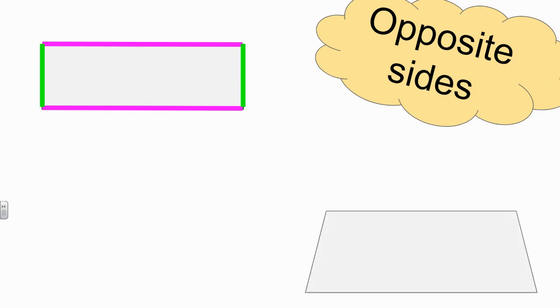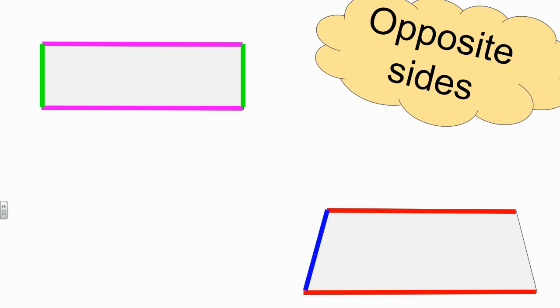Let's take a look at this quadrilateral. It has four sides, two pairs of opposite sides. So one pair of opposite sides is this red one, and across from it, the bottom red one. So this is one pair of opposite sides. And since the quadrilateral has four sides, it's going to have two pairs. So the other pair is this pair of blue opposite sides.